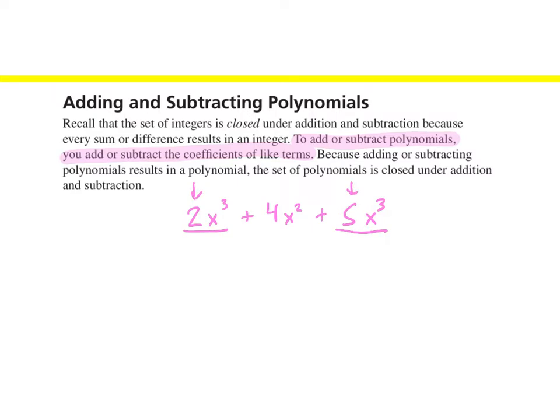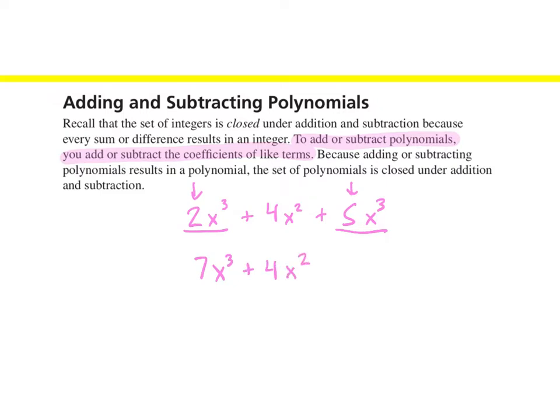So we always got to look at what sign's out in front. That'll tell us if we're adding or subtracting. So here we have 2 plus 5. This is 7x cubed. We cannot combine the 4x squared, so we would just leave it as plus 4x squared.